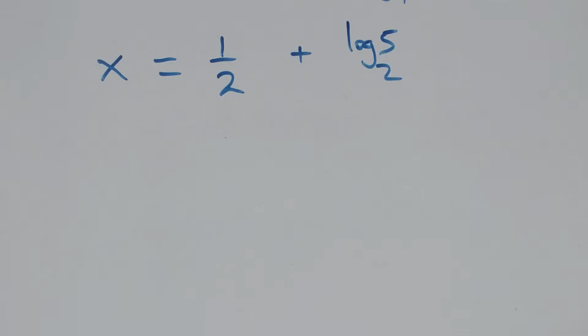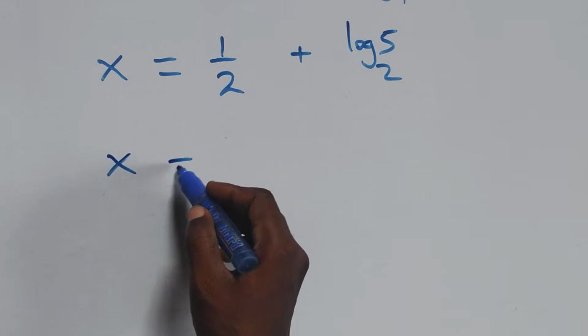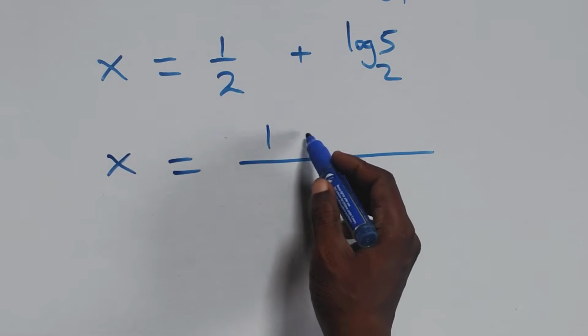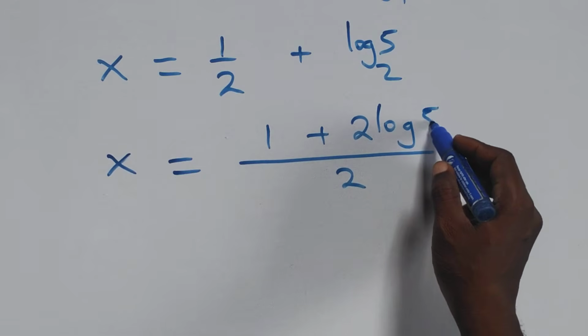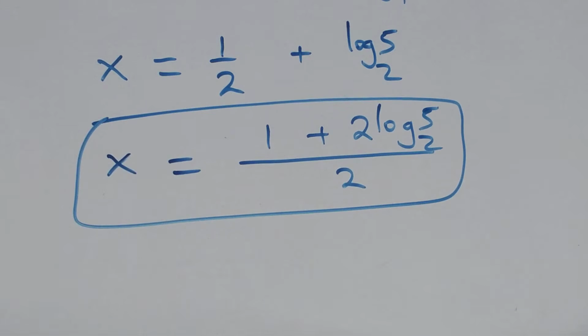Then we bring this together as one fraction. We have x equals, here, that's 2. Here we still have 1 plus, this becomes 2 log 5 base 2. So we have the value of x in this problem as 1 plus 2 log 5 base 2 all over 2.